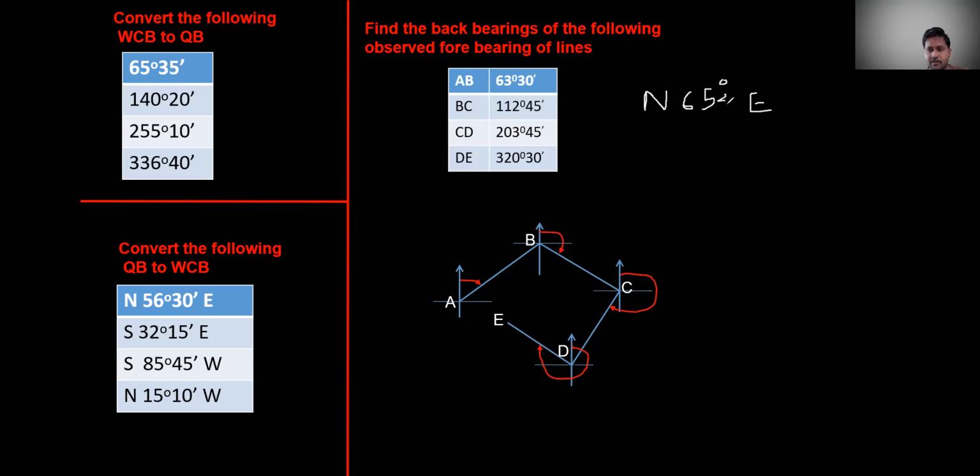35 minutes. So in the first coordinate, if you are converting whole circle bearing into reduced bearing, the angle will not change.